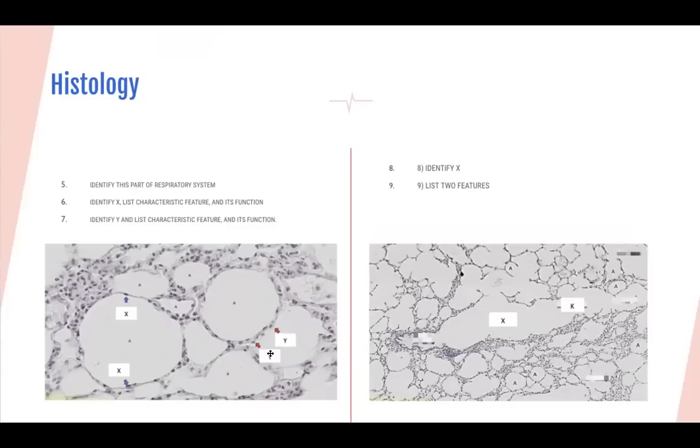Perfect. Can you tell me the function of both? So X is elongated, so it makes up most of the surface area of the alveoli. Its function is the transport of gases. It's very thin. Yes. And Y secretes surfactant. It's cuboidal in shape. Very good.